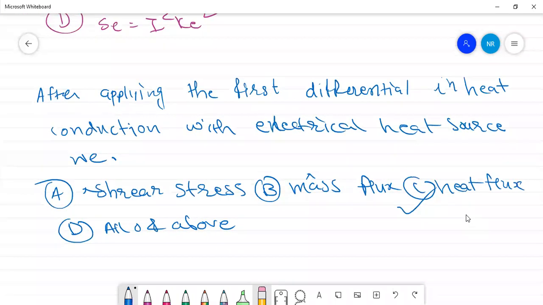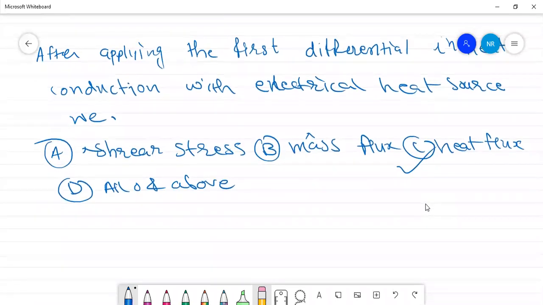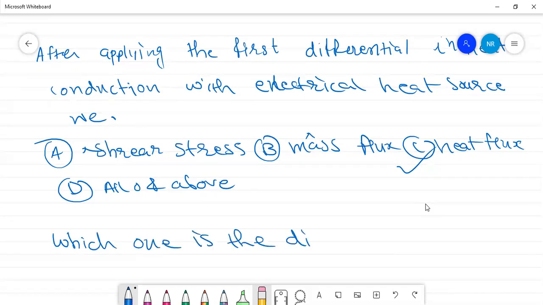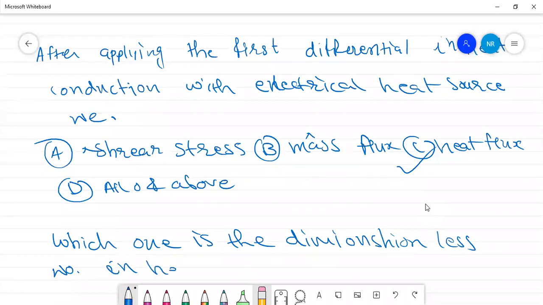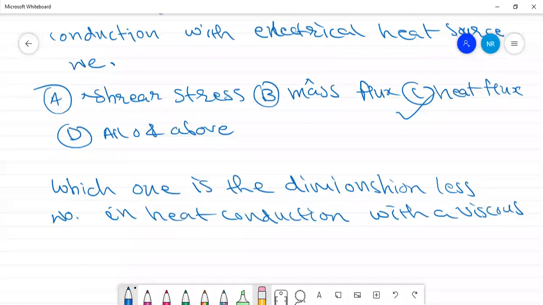Kamlesh, I uploaded the transport phenomena book in your group two to three times. One more question: which one is the dimensionless number in heat conduction with a viscous heat source?